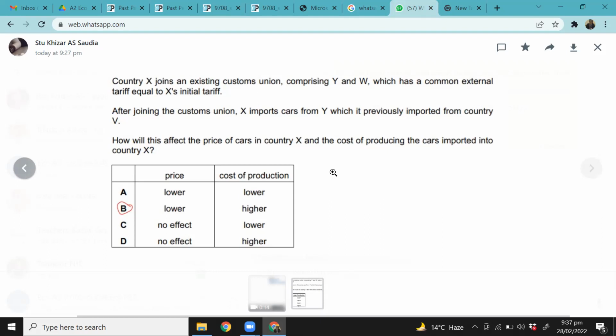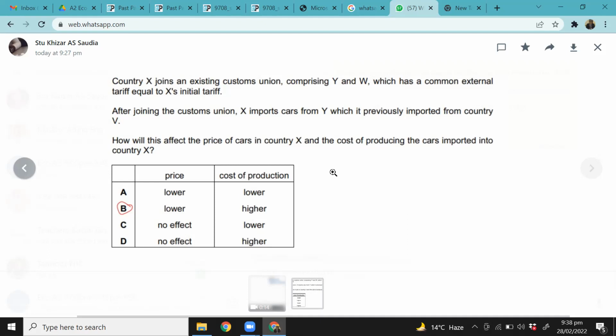Now there's no tariff, right? So previously there was a tariff. Now there is no tariff, so the price should be lower. Okay. Fair enough.